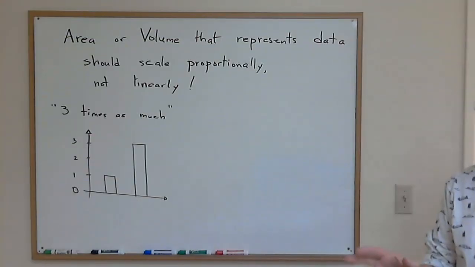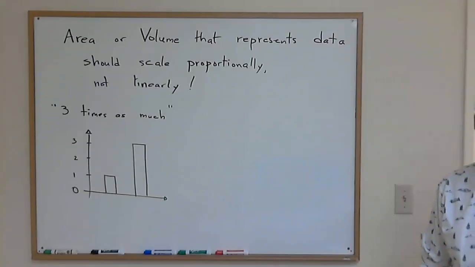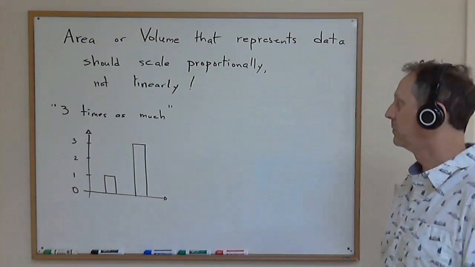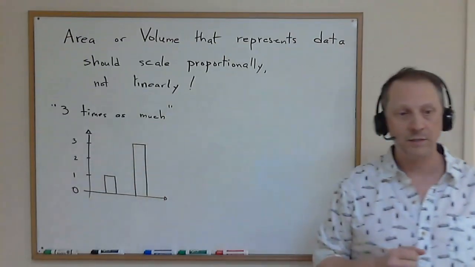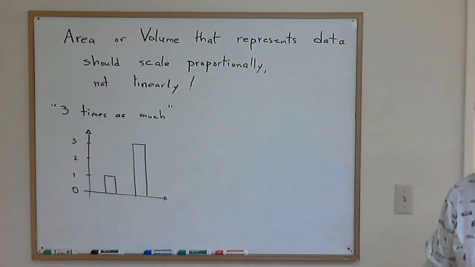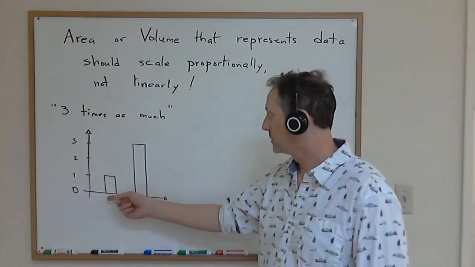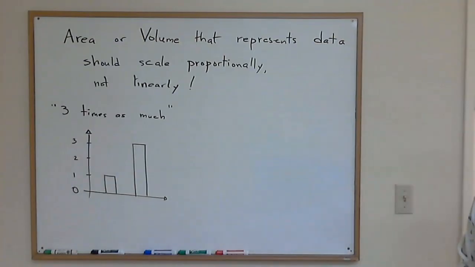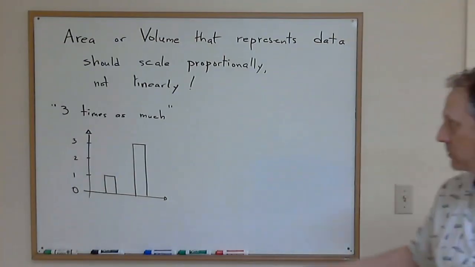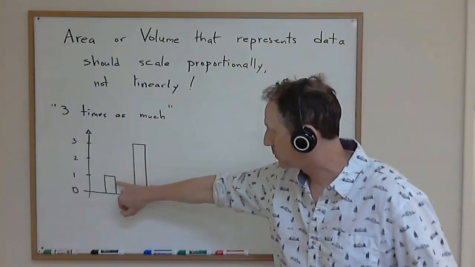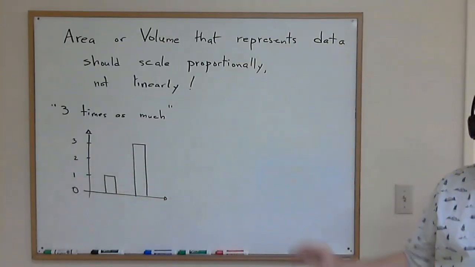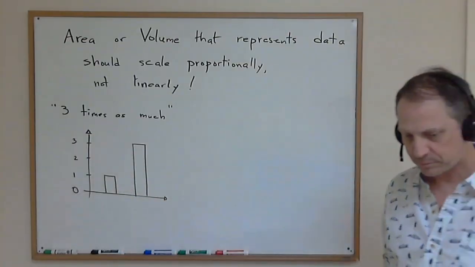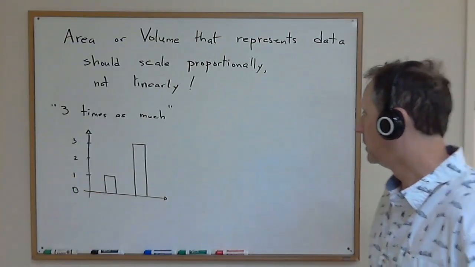Now, this concept is difficult for many students to grasp, but let me try to make it as clear as I can. If we want to represent that one number is 3 times as large as another one, and if we're using, for example, height to represent our data, then it's pretty easy and straightforward to do that. You can draw one bar that's 3 times as tall as another one. That's honest. That's really good representation.